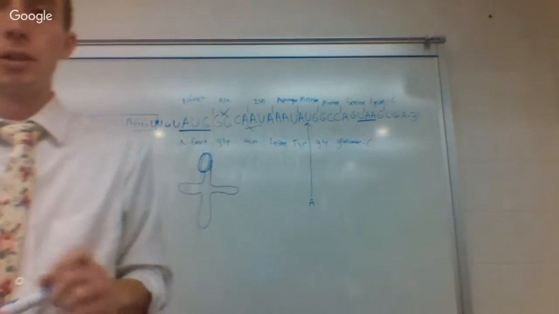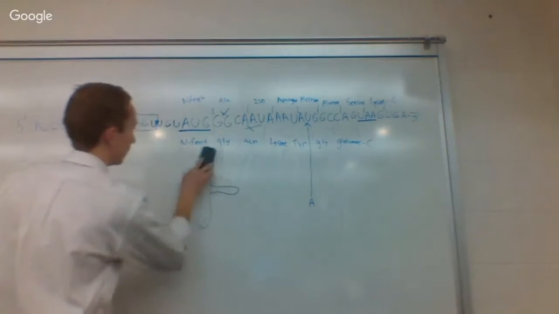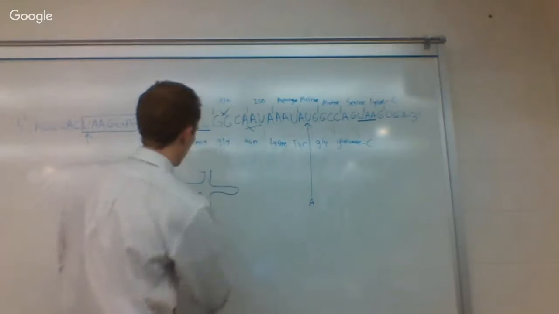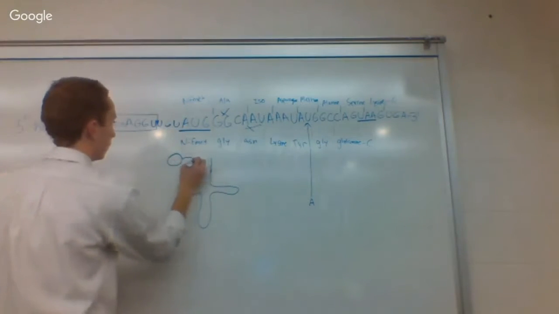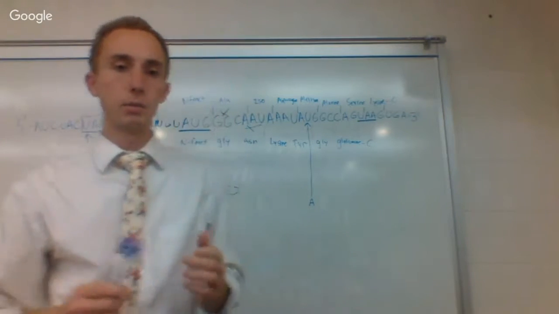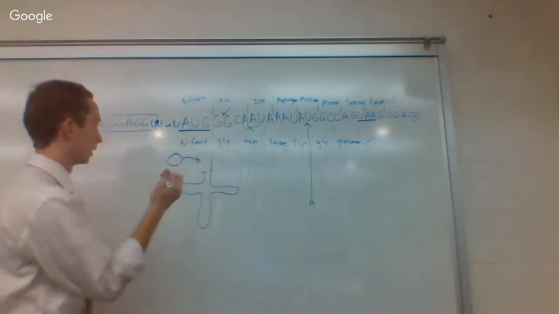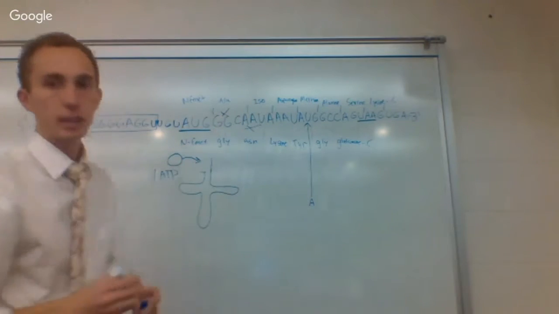How many ATP molecules are consumed to charge a tRNA molecule? So in order to bring this amino acid to the tRNA, it requires not only aminoacyl tRNA synthetase, which is an enzyme, but it also requires one ATP molecule in order for that to bind.